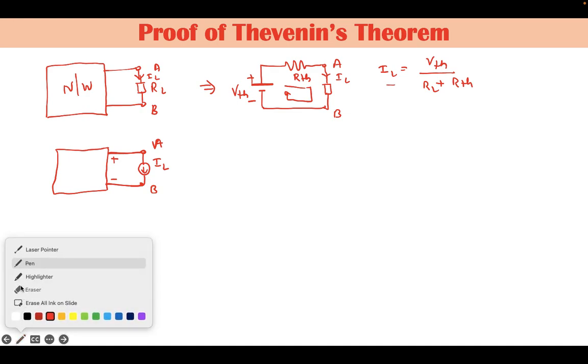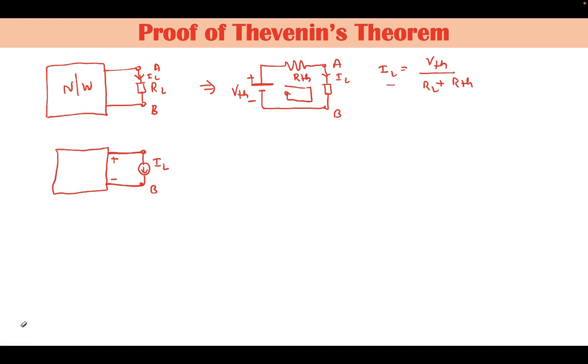Now, knowing this potential across terminal A and B, we can solve this network when the current source is connected across terminal A and B. This network can be solved by applying the superposition theorem.